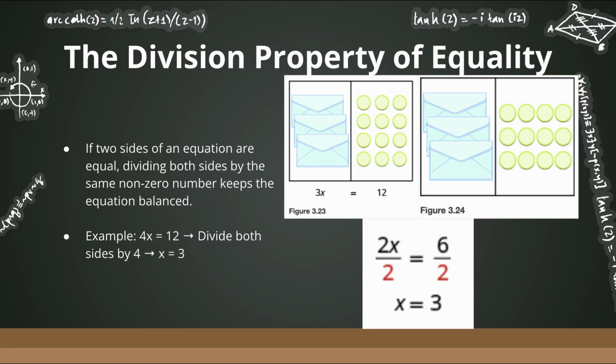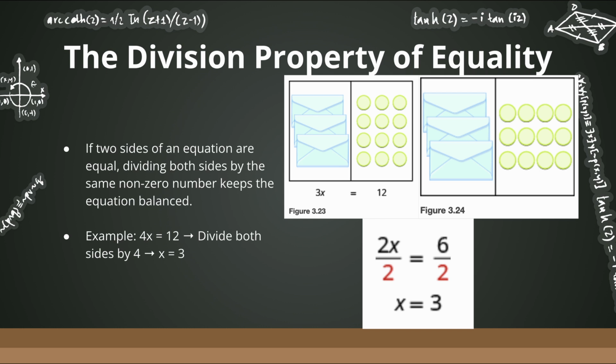Alright, the division property of equality is simple but incredibly powerful. Here's what it means: if two sides of an equation are equal, then dividing both sides by the same non-zero number keeps the equation balanced. Let me explain why that works.